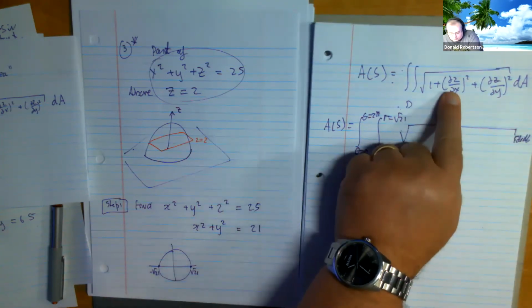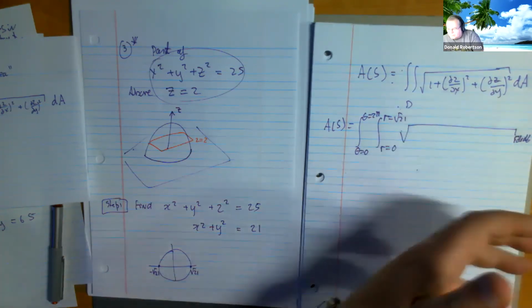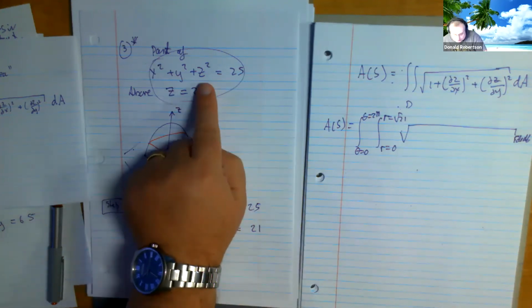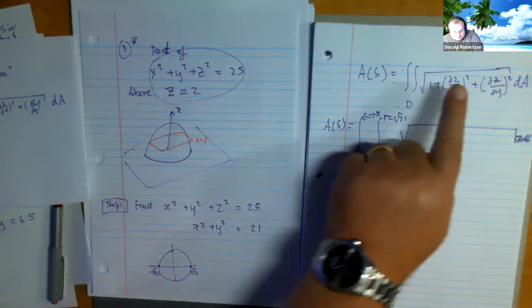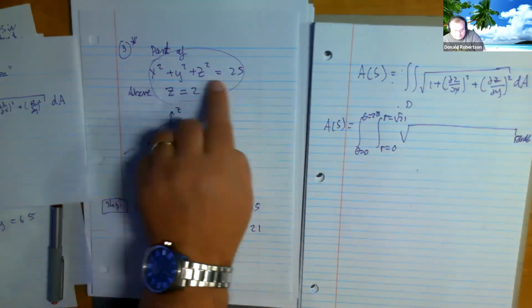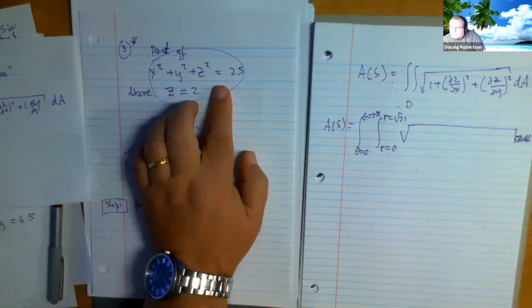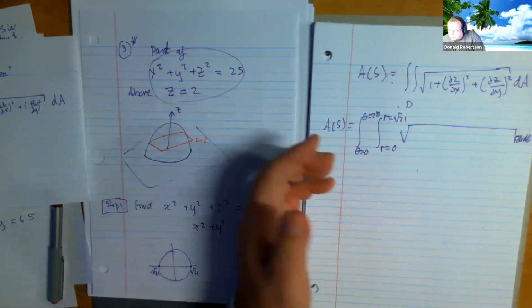I need to find out what these guys are, and then I need to convert them into polar. Right now, the equation that you have given is this fella. But to be able to calculate this, don't we have to convert this fella into a z equals form so I can do the partial derivatives?